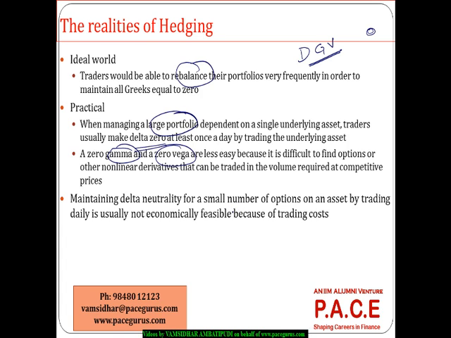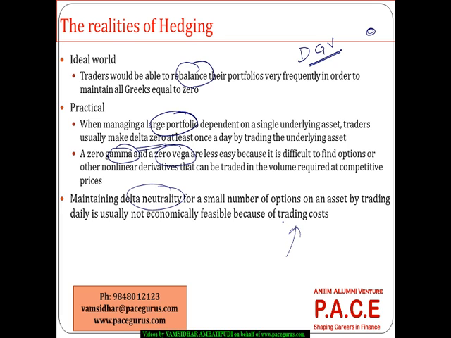So for a large portfolio, delta 0 is still possible to execute, but getting a gamma 0 or a vega 0 brings up practical problems in terms of the availability and liquidity of those option positions in that market for a competitive price. For a smaller number of options, yes, I can try out delta neutrality comfortably, but the transaction costs are going to be much higher.